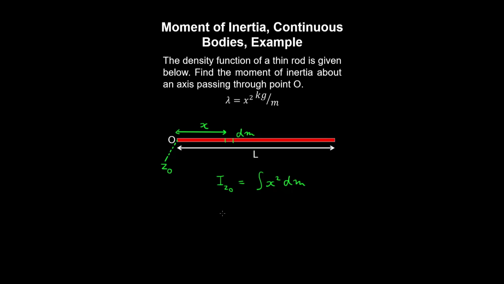So again we can write the differential mass element using the linear density by dx. And then substituting for dm and lambda, we obtain the following expression.